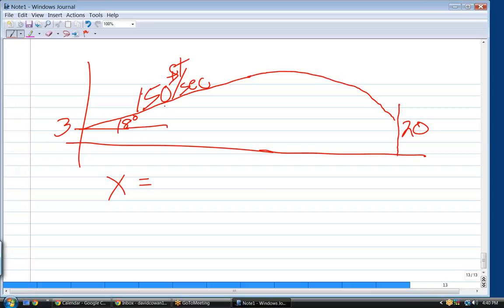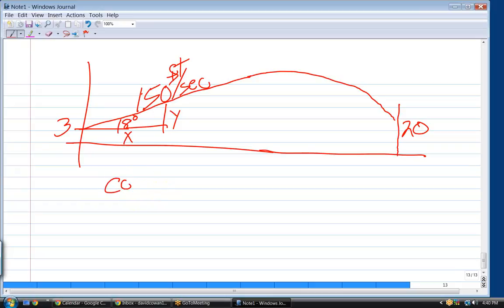That'd be tangent of 18. Now, hold on a moment. What's the trig function that we care about? If I want the x component and the y component, then what trig function can I state? Sines and cosines.